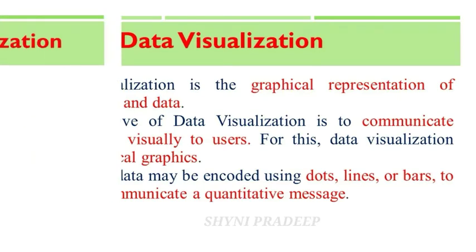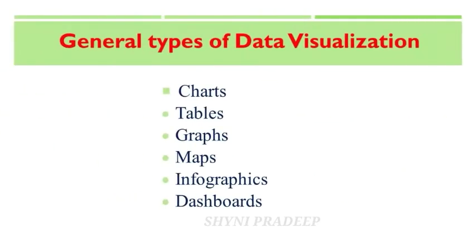Next topic is general types of data visualization. The general types of data visualization are charts, tables, graphs, maps, infographics and dashboards. What do you mean by infographics? Infographic stands for information graphic.